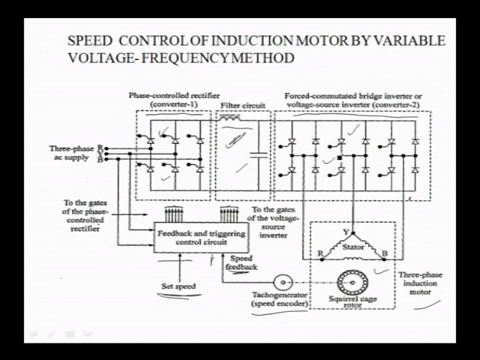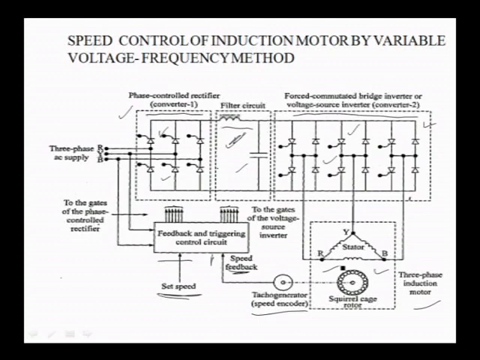Very simple: here we have a 3-phase controlled rectifier, an inverter, and in between we have a DC link. This is for smoothing purpose. We have a capacitor. This is again connected to the output of the inverter, which is connected to the squirrel cage induction motor.